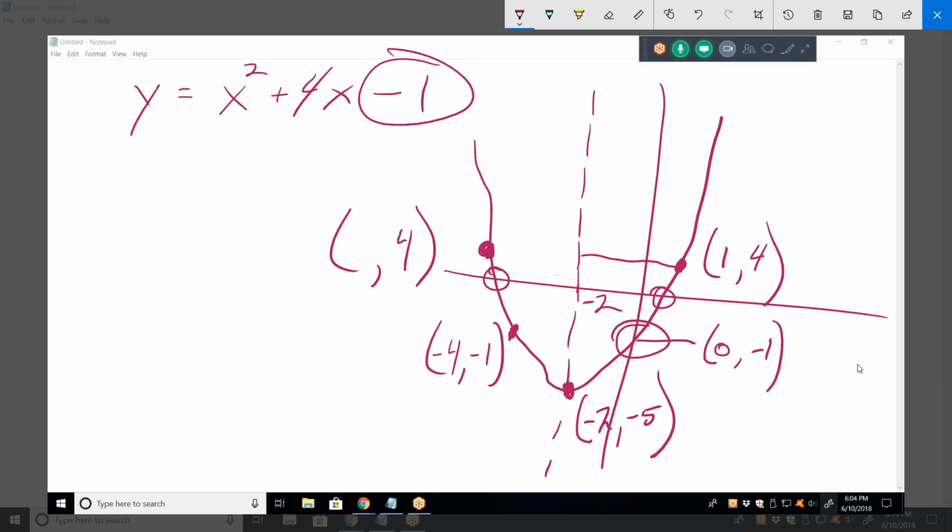So negative. No, hold on. It's not 1. I'm going from -2 to 1. What's that distance? Oh, so that would be 3 spaces. Okay. So it's got to be 3 units to the other side, to the left. So -3.